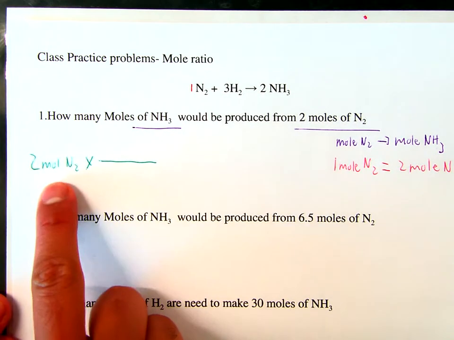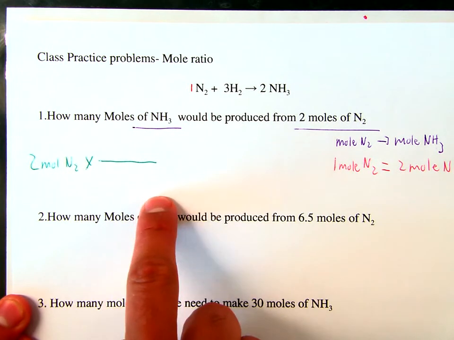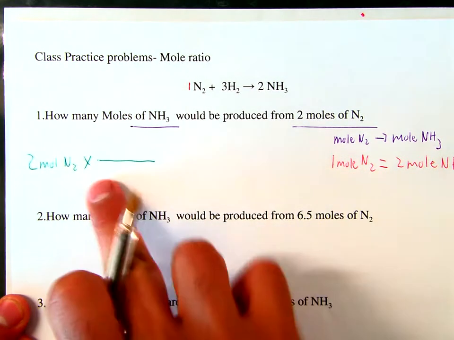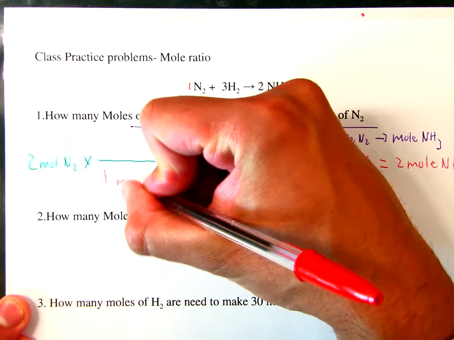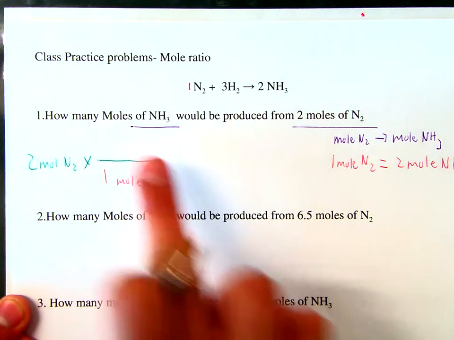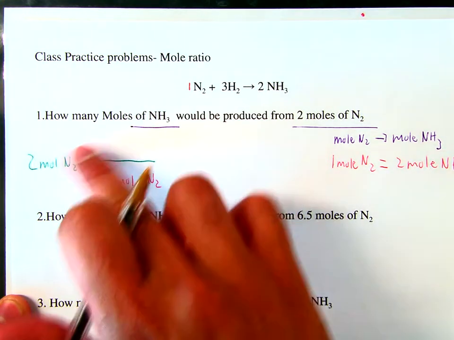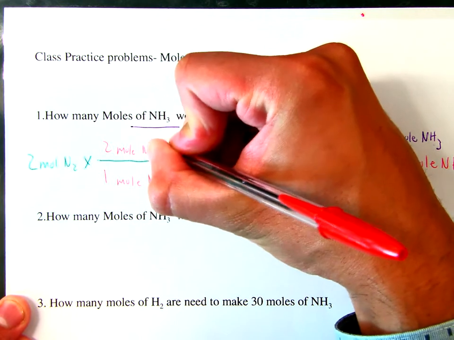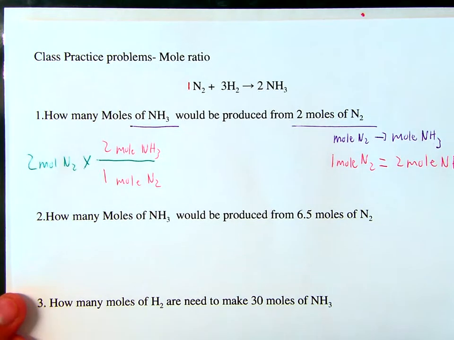If I start with moles of N2, then moles of N2 should go on the bottom here, so 1 mole of N2. I want NH3, so I'm going to put that on top, equals 2 moles of NH3.